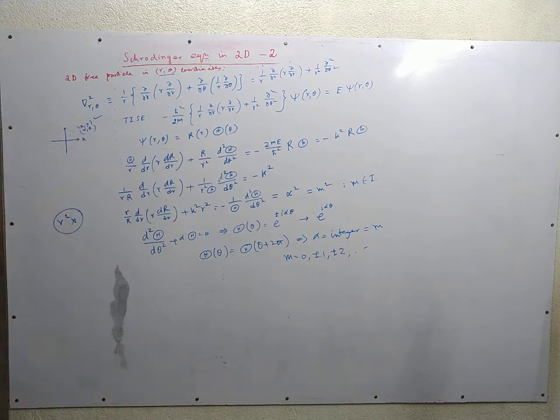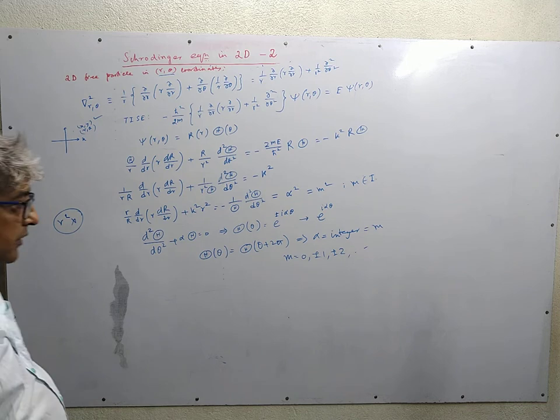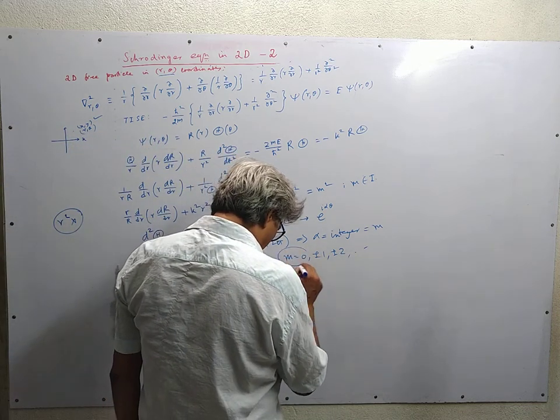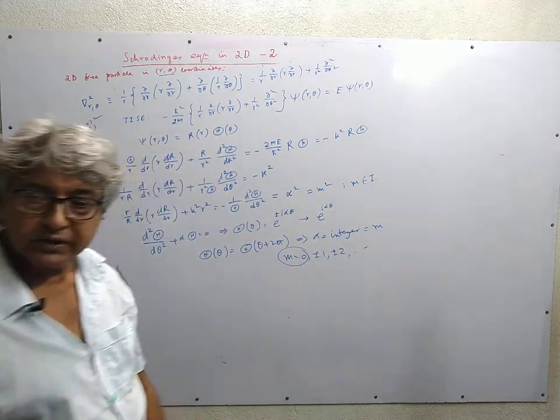And another thing, there are all possible values of m, since a free particle can move in any direction, and there will be no directional aspect. So the solution must be independent of theta. So for circular symmetry, the allowed value of m is 0.